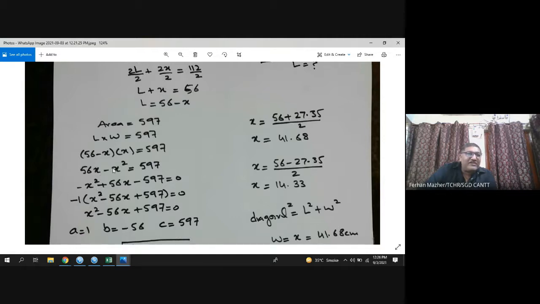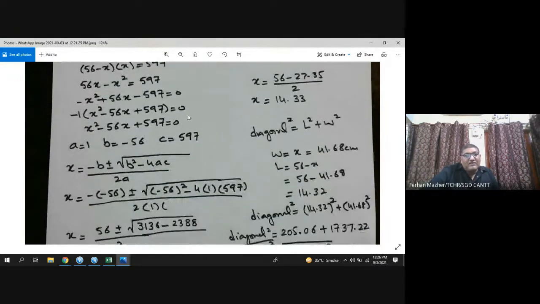I will rearrange it: minus x square plus 56x, and 597 brought to the left side will become minus 597. I will take negative common. So I have taken minus 1 common here. So it becomes x square minus 56x plus 597 equals 0. When this minus 1 goes to the other side, divided into 0, it will also become 0.